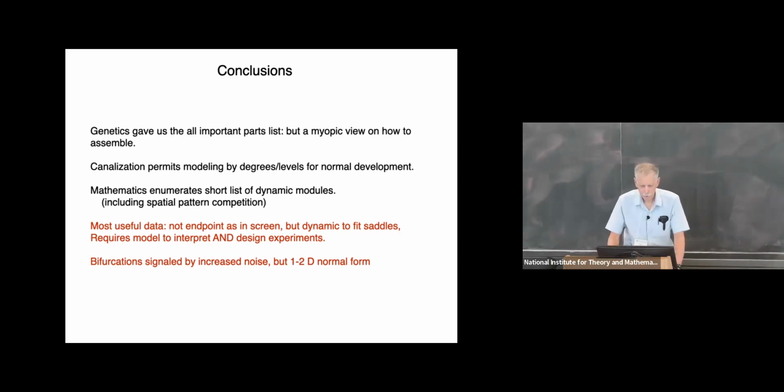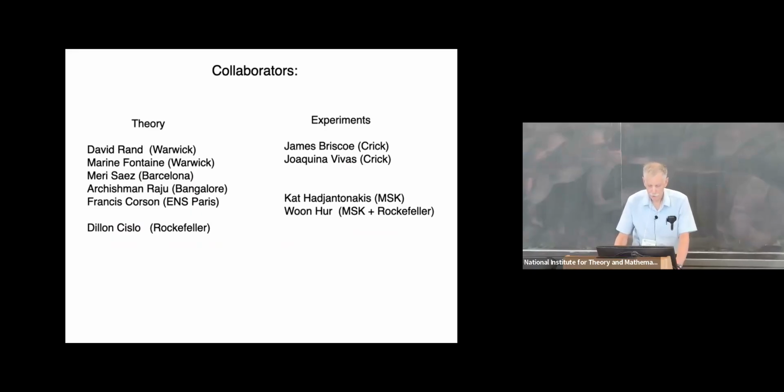If you want to fit a model, the most useful data is not a clean endpoint, as is the case for a screen, but actually dynamic interventions that allow you to perturb the system when you're going in and among the saddles. And that requires a model both to interpret and design experiments. So it's really a joint theory and experimental task.